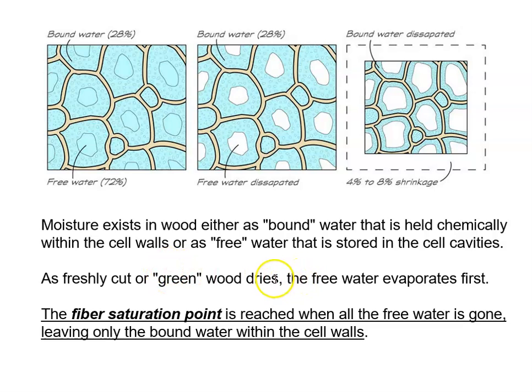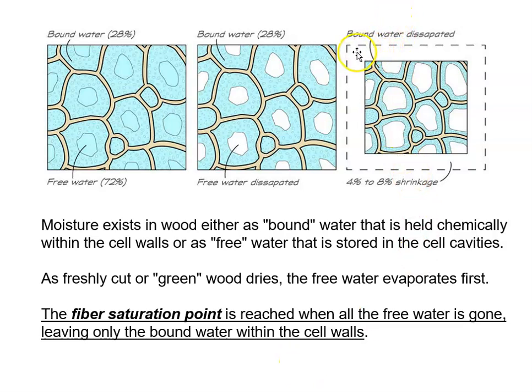As they dry out, the free water evaporates first, and that's what we see happening here. These white spaces are the free water that's now dissipated. The fiber saturation point is reached when all that free water is gone, leaving only the bound water in the cells.